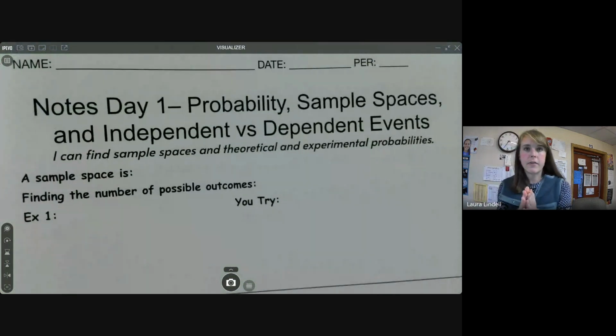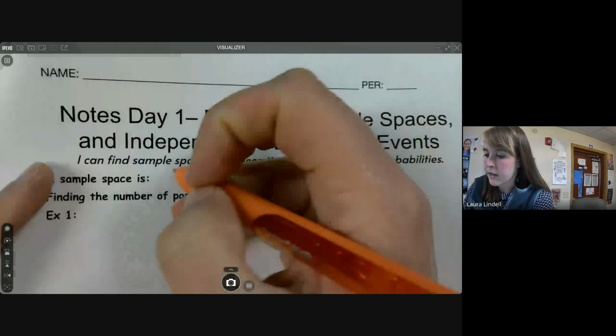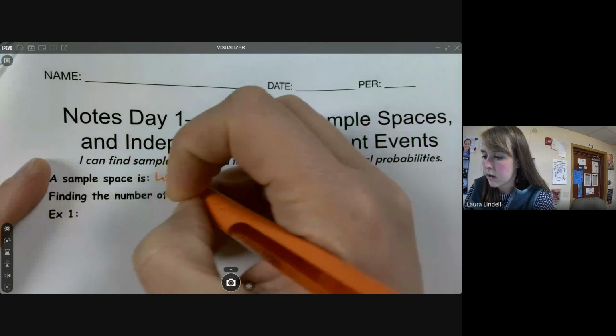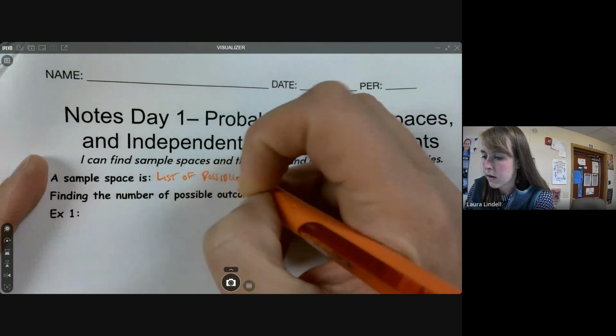Okay, so first off, thing we need to know is what is a sample space? Basically what we're looking for in a sample space is the list of possible outcomes. What are the things that could happen? What are all the possible events? So basically we want the list of possible outcomes.